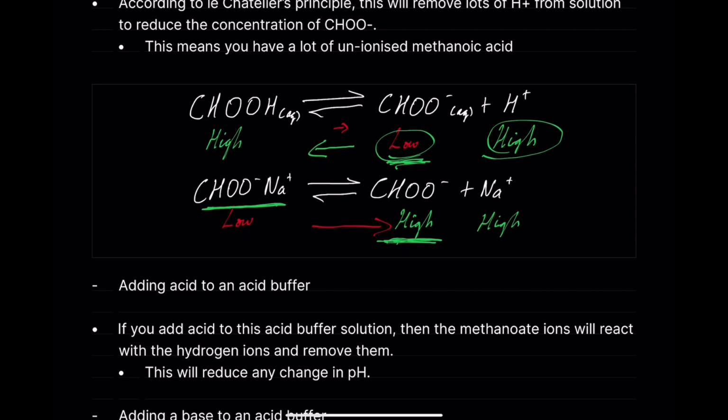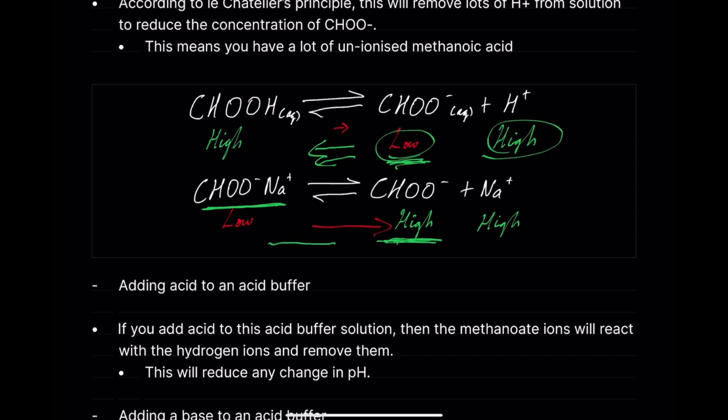If we go back to the beginning, any increase in H plus will react with methanoate ions to cause equilibrium to shift to the left, to reduce the concentration of H plus. Then to replenish the concentration of methanoate ions, we have this second reaction occurring in equilibrium.